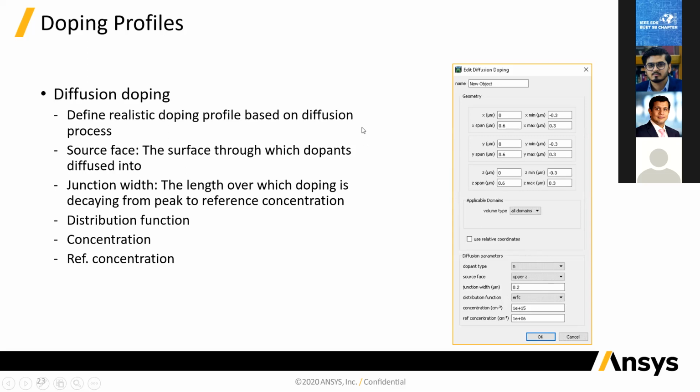That peak concentration can go into the device for some distance that you define here using the junction width. Finally, it will exponentially drop to a low doping concentration defined by this reference concentration. You can either use an error function or a Gaussian function to define the shape of that descent.